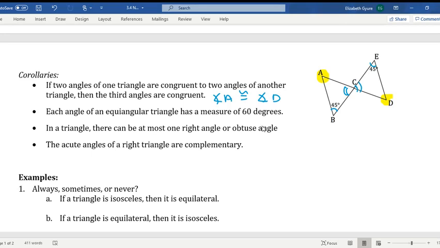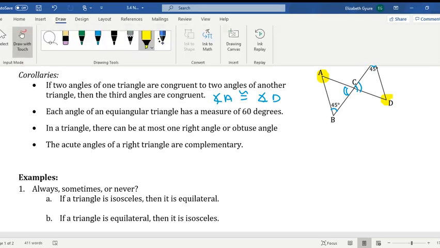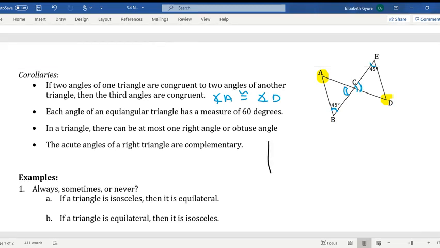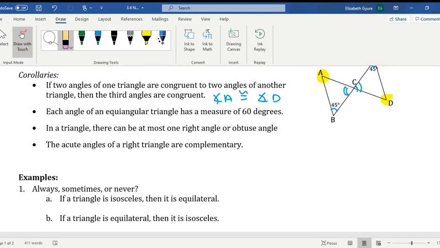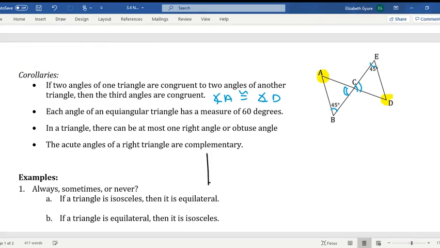So if you have a right triangle, something like this, I'll call this triangle A, B, C. One angle is already 90 degrees, yes? The sum of all 3 angles has to be what? 180.